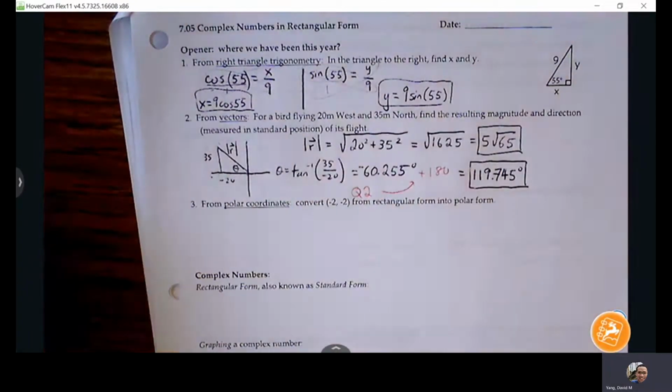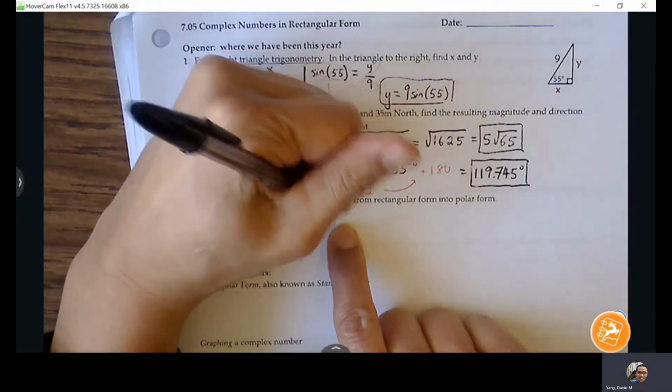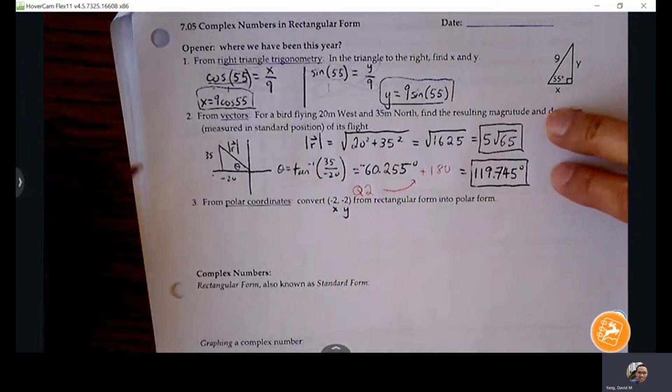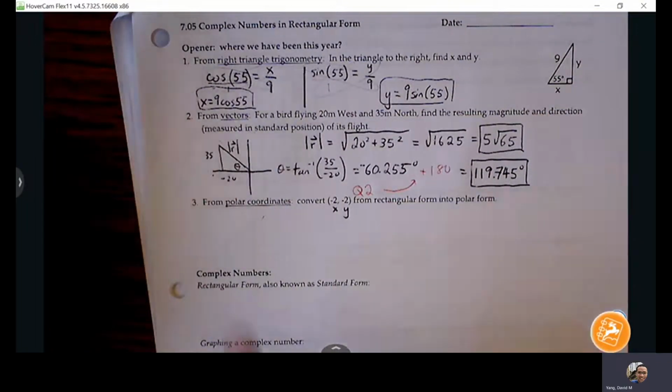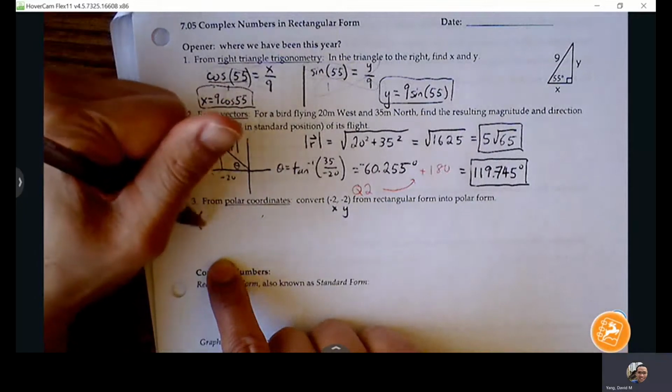Okay, as a review, polar coordinates, converting polar coordinates from ordered pair into polar form, we also use the same idea here, right? Pythagorean theorem will get us to that radius.